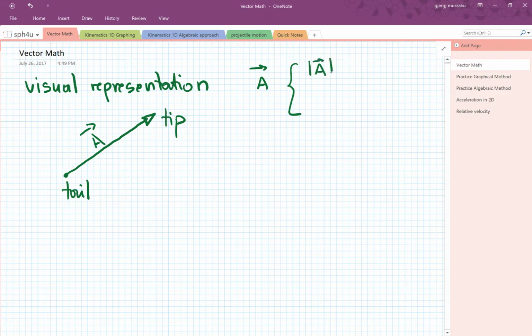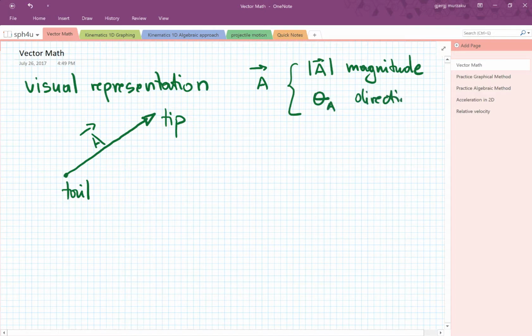One is magnitude, and the other one is some angle, usually, direction. All right, theta A.